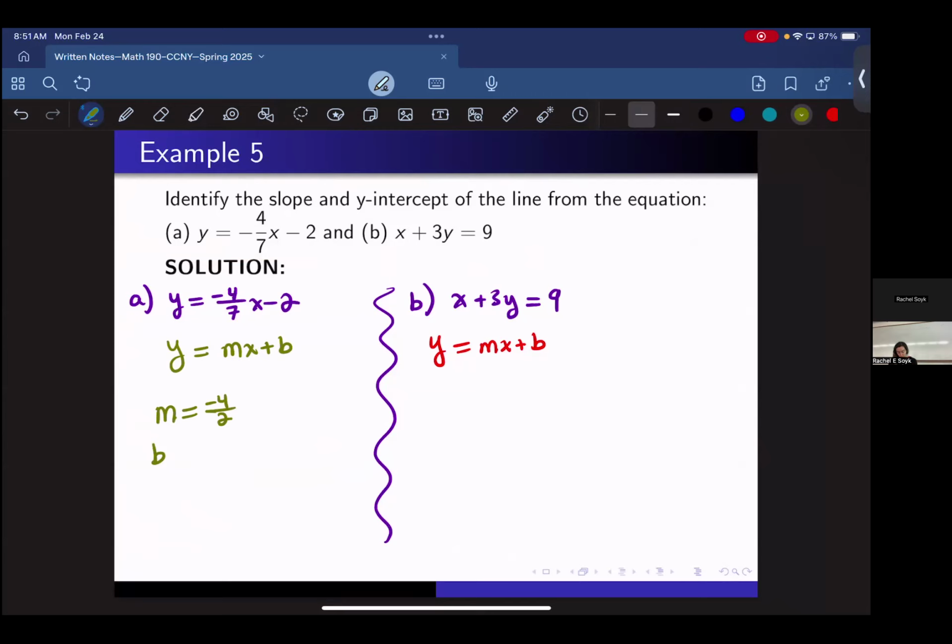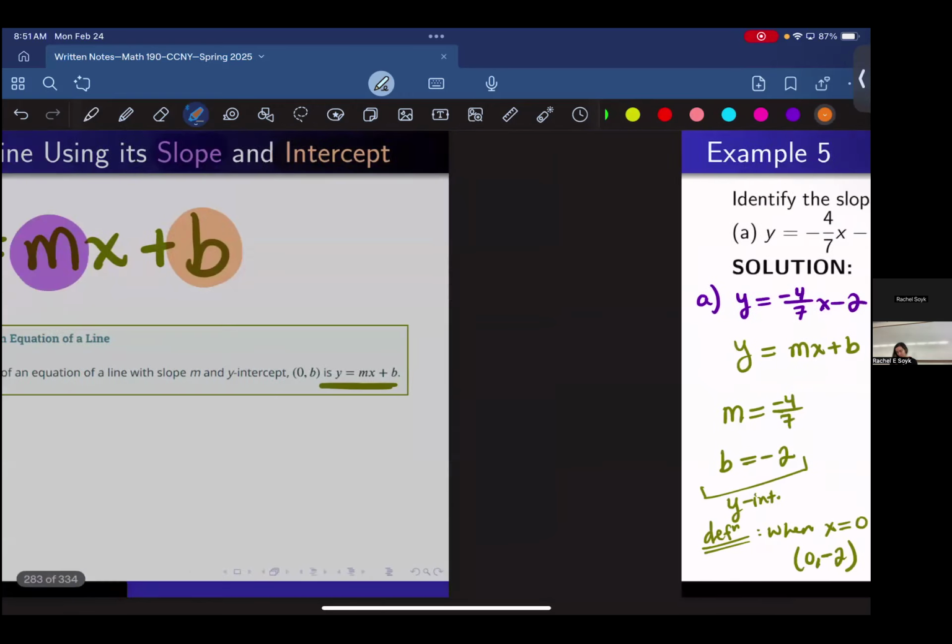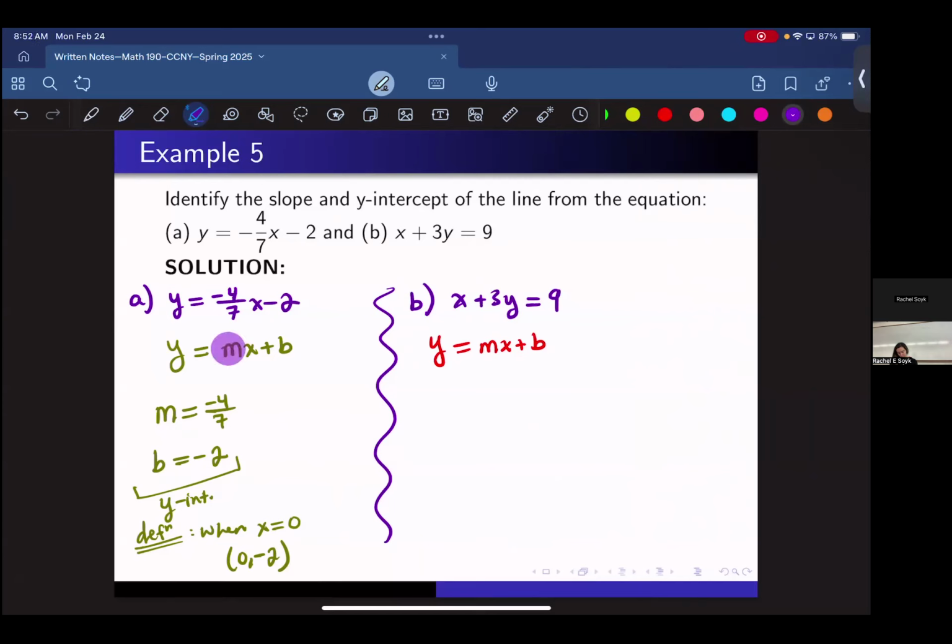And in coordinate form, what is that? This is our y-intercept. What's our definition of y-intercept? It's when the line intercepts the y-axis, so when x is equal to 0. So as a coordinate point, our y-intercept is just (0, -2). I want to use the same color. So we had b as our y-intercept and purple is our slope.